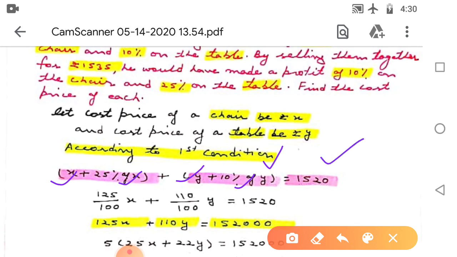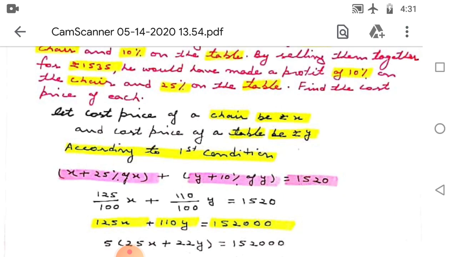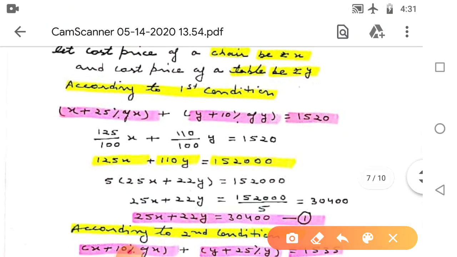And the total money received is 1520 rupees. Clear? So X plus 25% of X, plus Y plus 10% of Y, comes to 1520 rupees. Now when we solve, we get 125 upon 100 x plus 110 upon 100 y is equal to 1520.